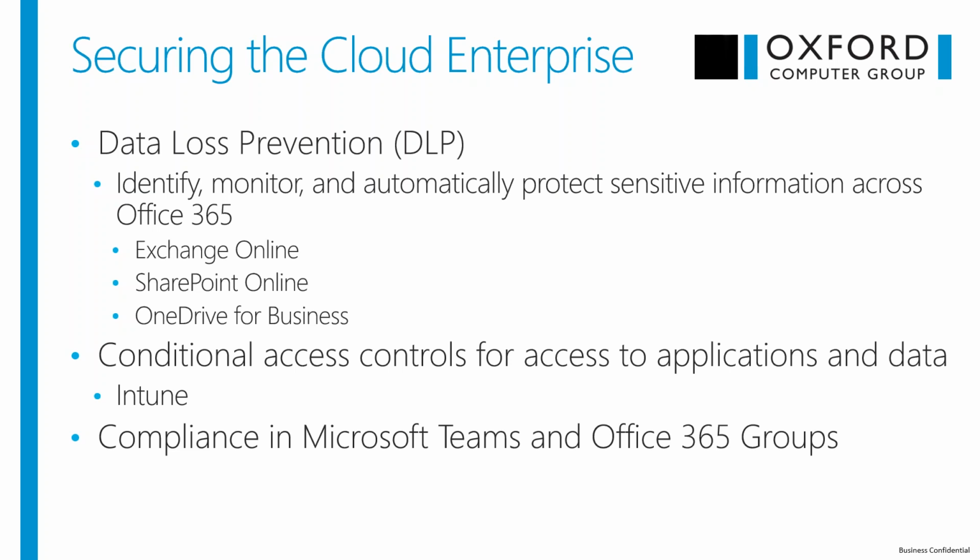eDiscovery is a great example of where the content search execution through the Security and Compliance Center is faster and more functional than the equivalents found in Exchange Online or the SharePoint Online standalones. Microsoft encourages us to use Office 365 content searches, and now they're applying that same approach with unified data loss prevention policies.